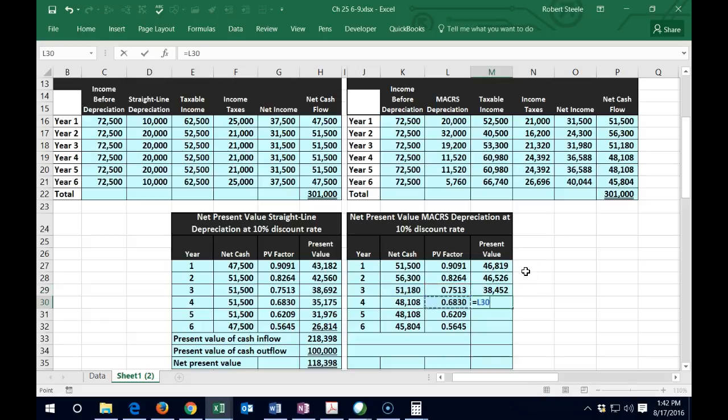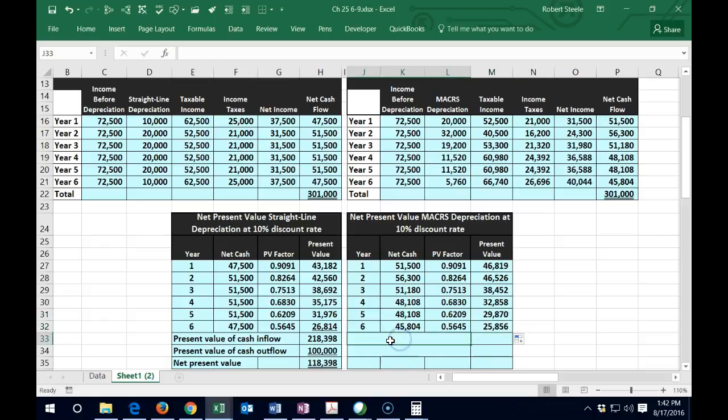Then we have the 48.108 times the 0.6830. Notice now we're getting to the point where it's less in the back end here. Let's multiply that. This times this. And we'll do the last one. I'm just going to copy it down on the last one.